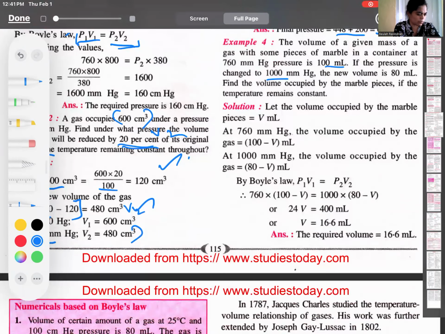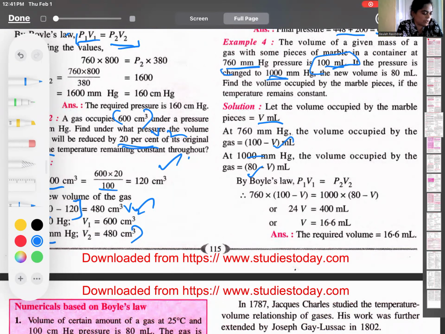Here also temperature remains constant. Let the volume be V ml. At 760 millimeter of mercury out of the total 100 volume, V volume is removed. Then at 1000 millimeter of mercury out of 80, this V volume will be reduced, because you know that the volume decreases when the pressure increases.